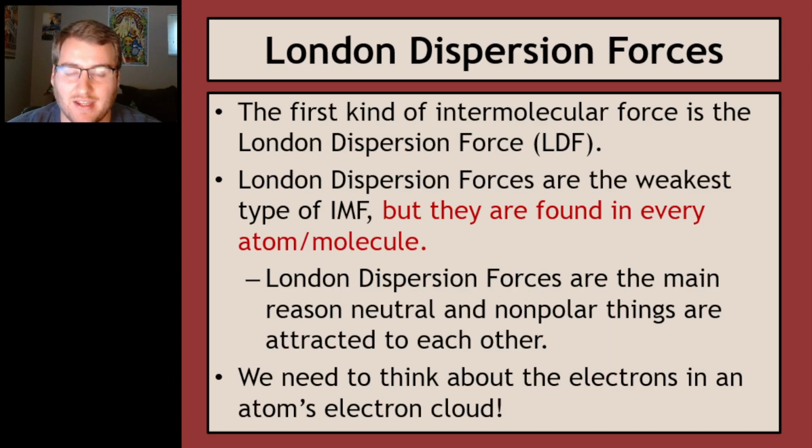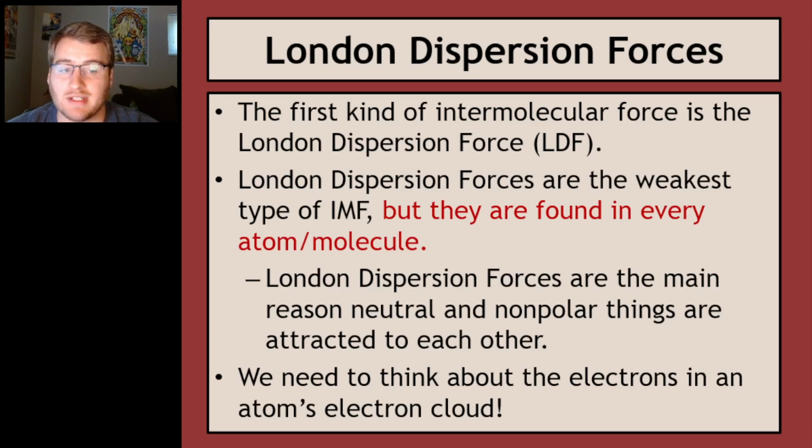In fact, anything at all that has electrons, even one electron, has a London dispersion force of some amount. They are the main reason that neutrally charged things and other nonpolar things are attracted to each other at all. If we're just looking at drawings of two non-charged, non-polar molecules, there should be no reason for them to stick together, but they still tend to. And London dispersion forces help to explain that.